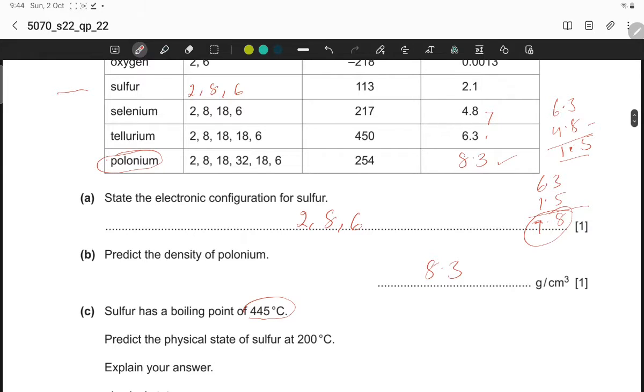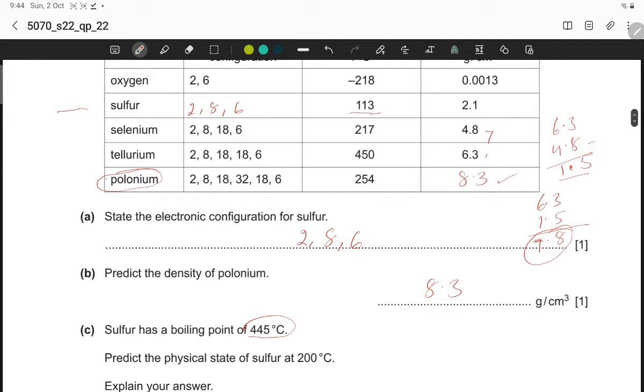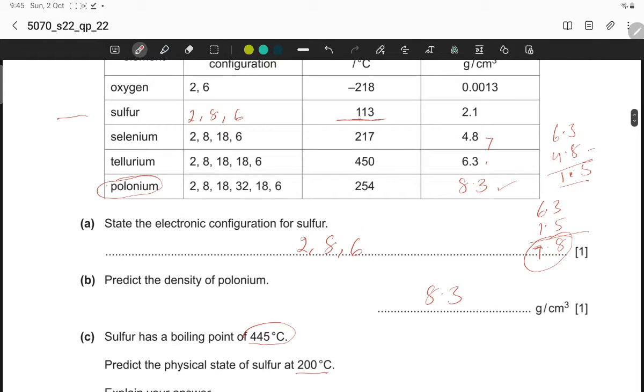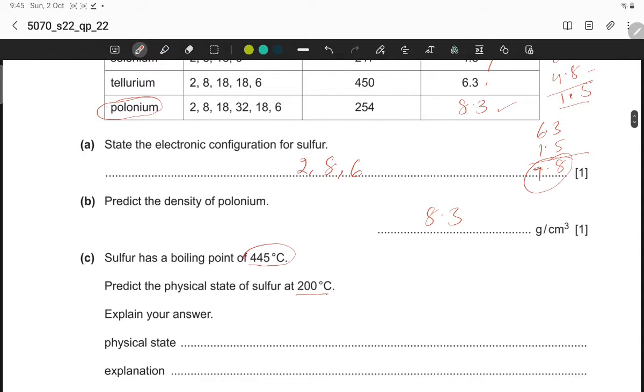It means at 113 degrees centigrade all sulfur becomes liquid. So this is 200 degrees centigrade. The melting point determines that at 113 all sulfur melts into liquid form. So at 200 degrees centigrade the physical state of sulfur is liquid.